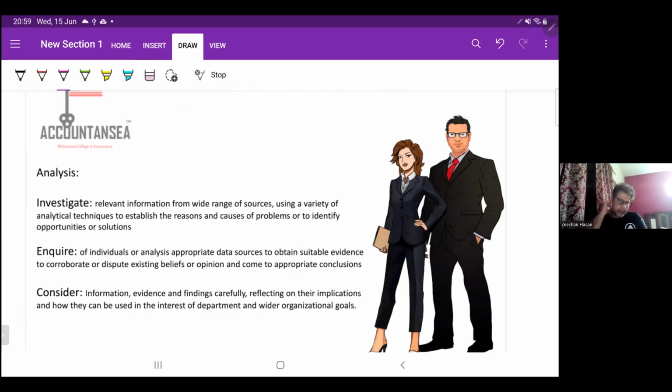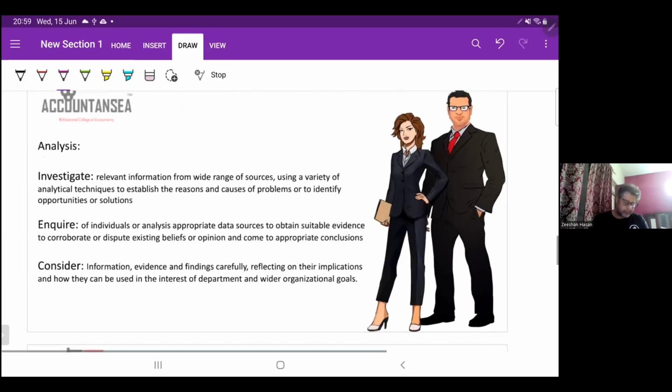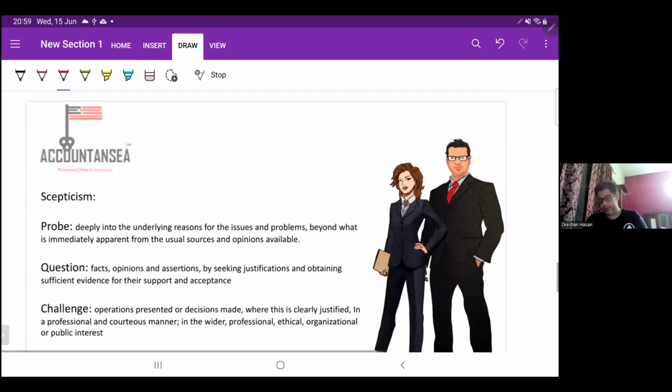Okay. Next, skepticism. This skill we are studying from childhood. Remember, professional skepticism. Three things come in skepticism. Probe. You have to dig deeply into the underlying reasons, the issues, the problems, which may not be apparent.